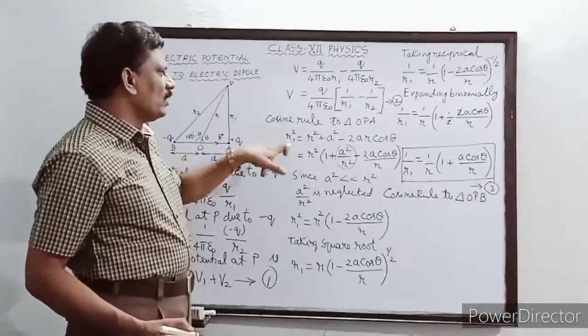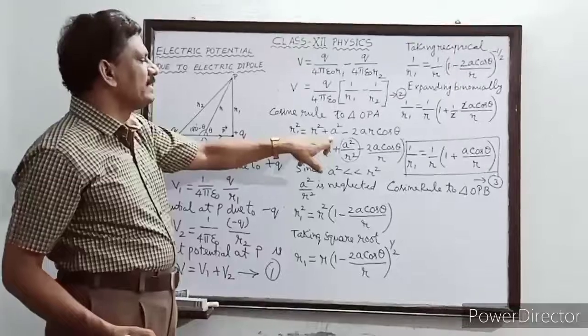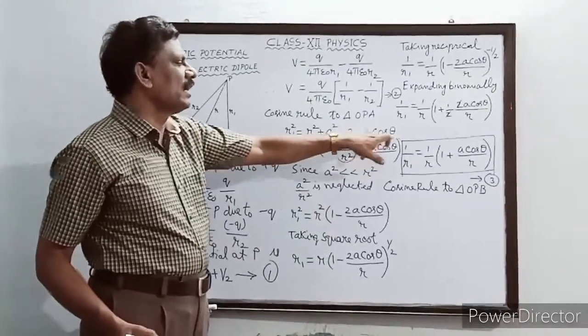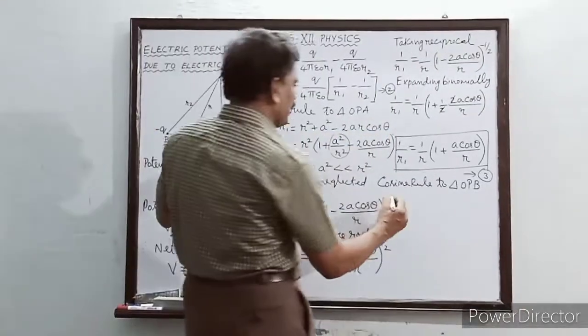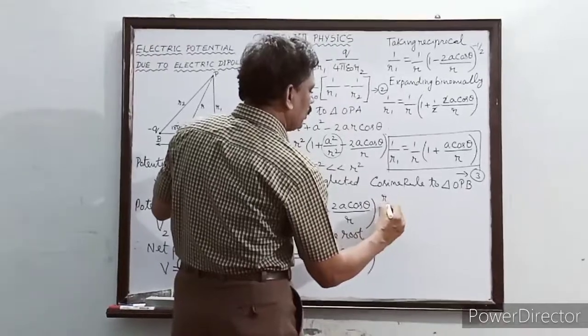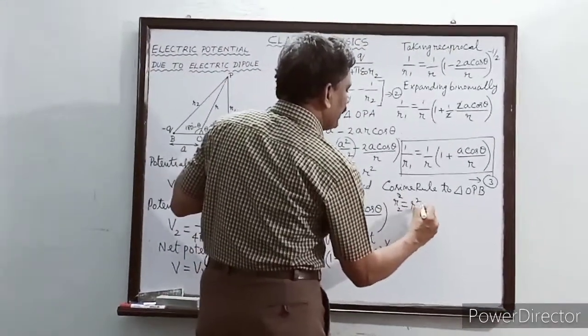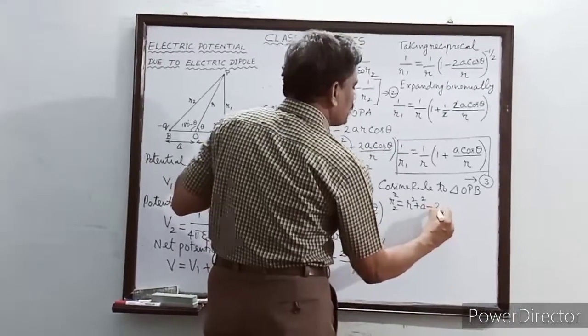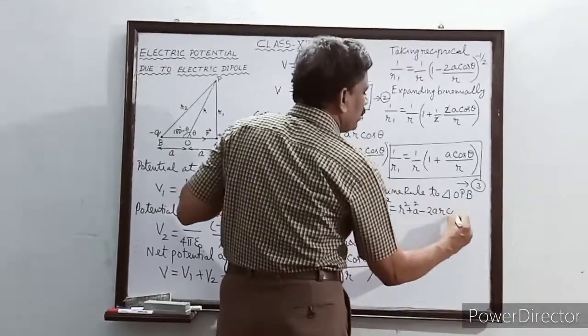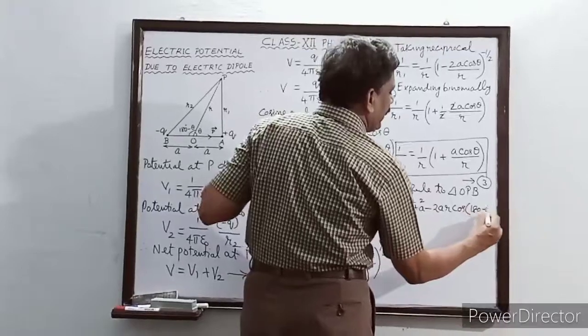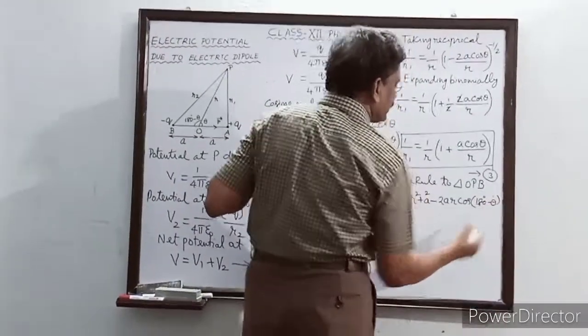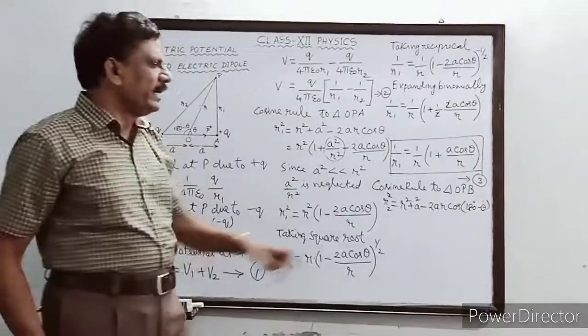And what we wrote: r1 square is equal to r square plus a square minus 2ar into cos of that angle. So here I am writing r2 square. So r2 square must be equal to what? r square plus a square minus 2ar into cos of 180 minus theta.